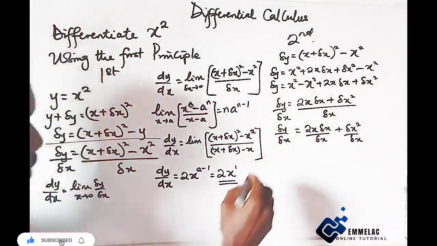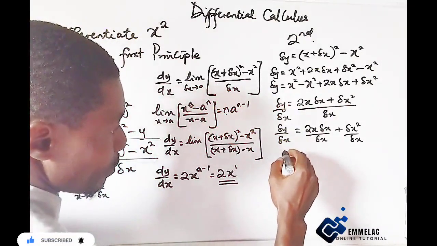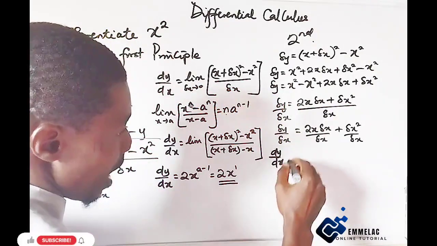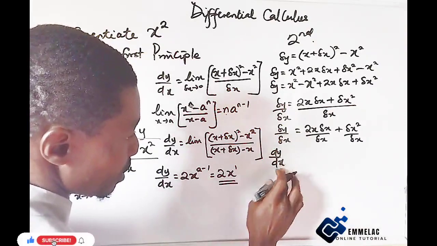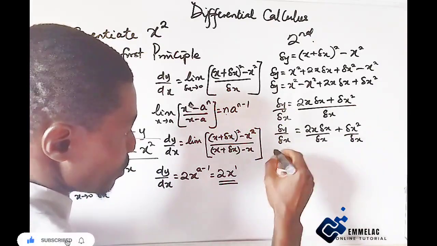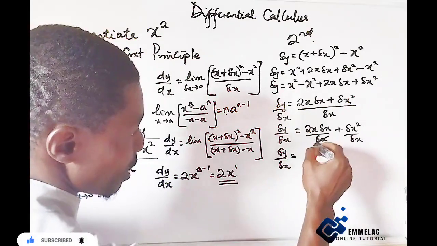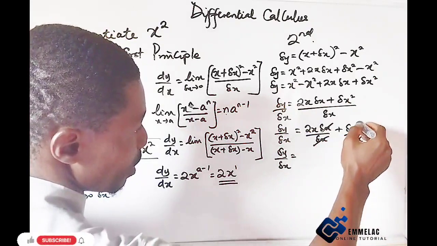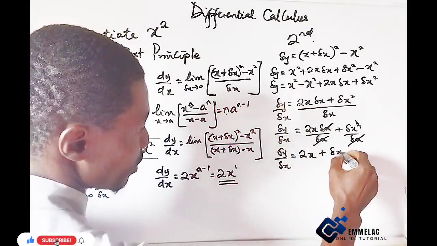So at this point we now see that dy over dx. Alright, so before we do that, we have to divide change in y over change in x. Now this gives us change in x here, we eliminate, and here we eliminate the square, so we are left with 2x plus change in x.